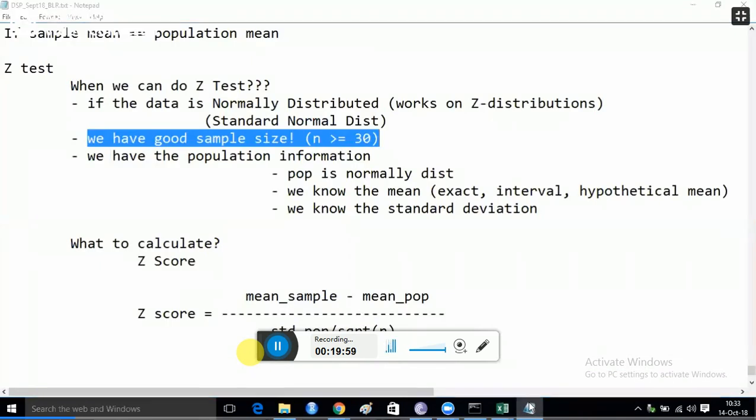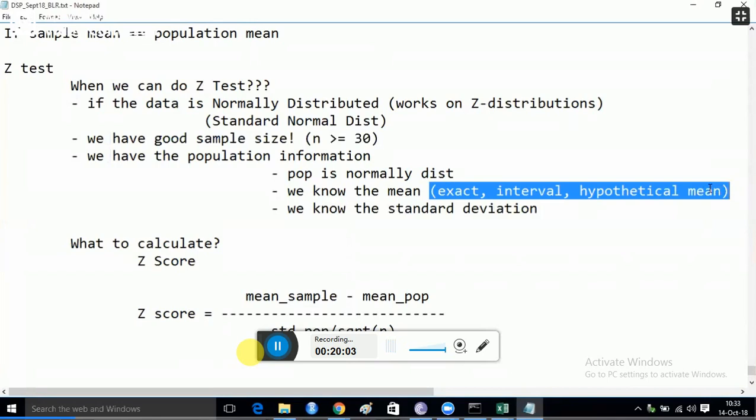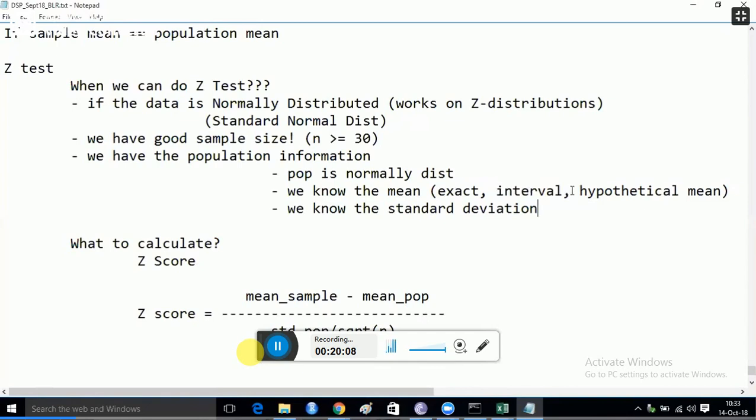So your mean can be any one of these three values. So should I say this as which source your mean has come from? Exact mean or an interval mean, or some hypothesized value which comes from some other research. Maybe these two are the ones which you have found out on your own.